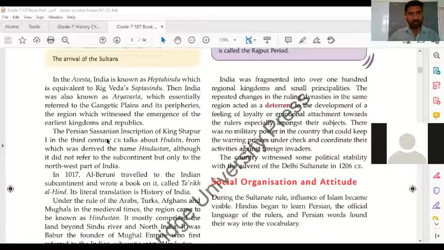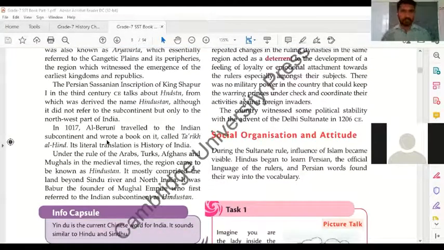So इसको आर्यावर्त भी बोला गया। The Persian Sasanian inscription of King Shapur I in the 3rd century CE talks about Hindustan, from which was derived the name Hindustan, although it did not refer to the subcontinent but only to the northwest part of India. तो हिंदुस्तान का मतलब उस समय था हमारा नॉर्थ वेस्ट पार्ट ऑफ इंडिया, most of which now lies in Afghanistan, Pakistan and northern part of India.